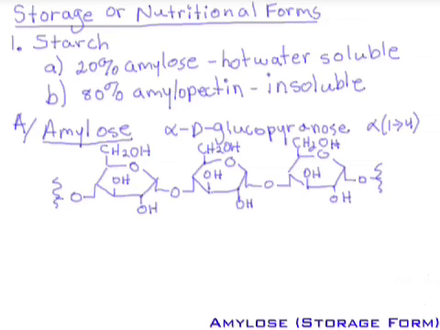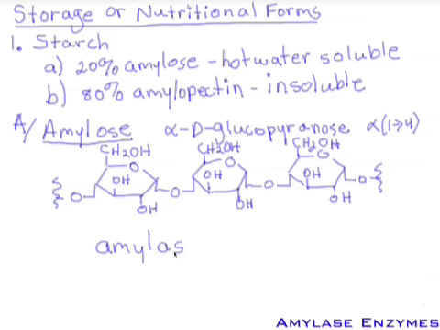Now, most plants contain 2 enzymes called alpha and beta amylase. These are enzymes that will break the alpha 1,4 linkage. Now, first thing I have to make clear is that we did a lot of discussion about enzymes and cleavage of disaccharides in the last scribblecast.